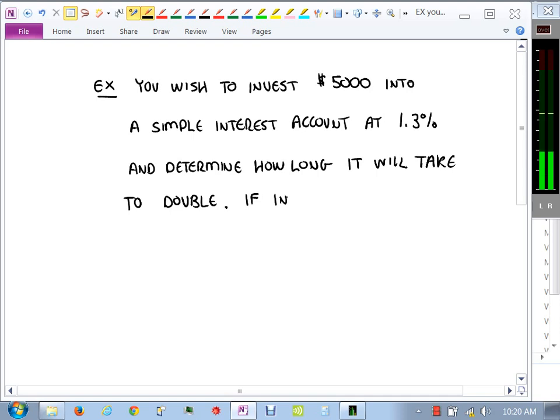If interest is compounded monthly, how long will it take?